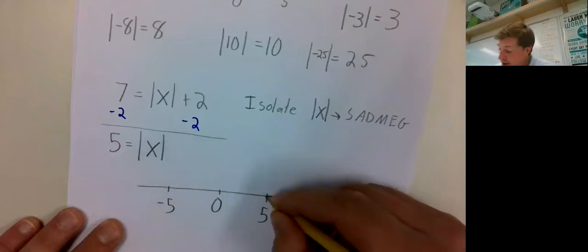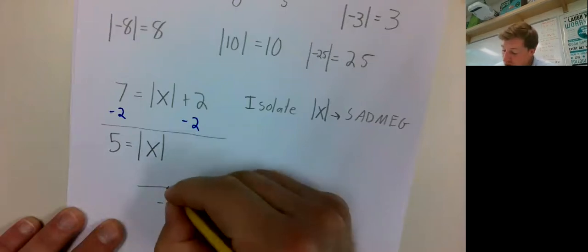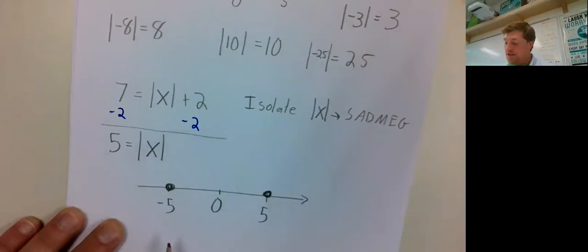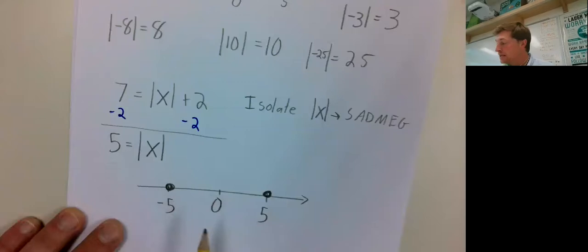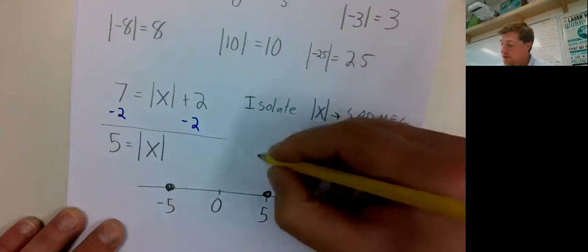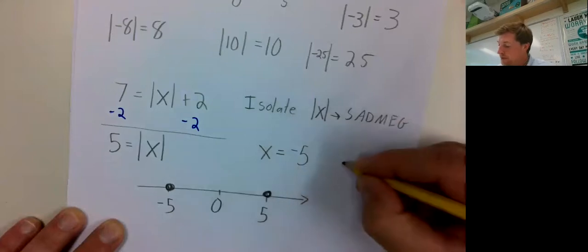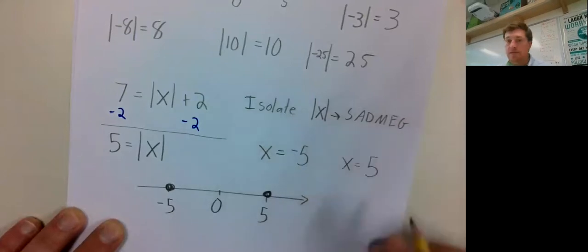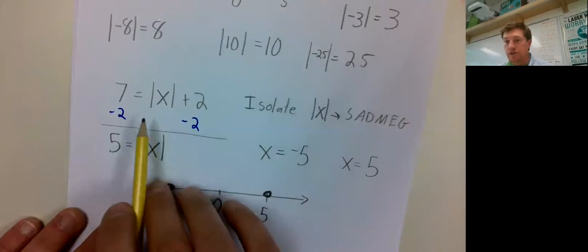So that could be a positive 5 because there's 5 steps between 0 and positive 5, but it could also be negative 5 because there's also 5 steps between negative 5 and 0. So our solutions for this particular problem are x equals negative 5 and x equals positive 5. Those are our answers.